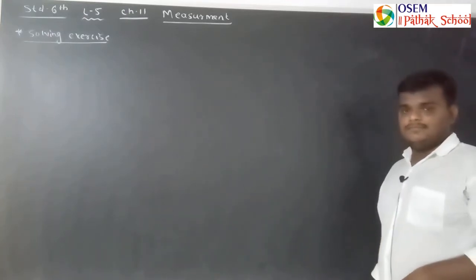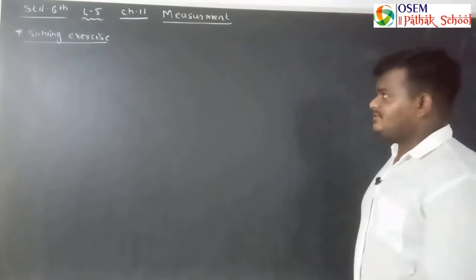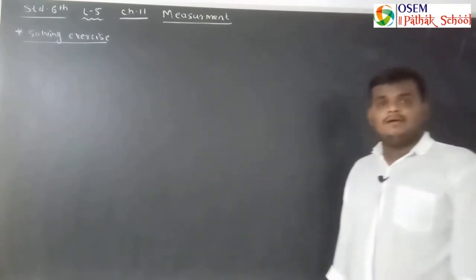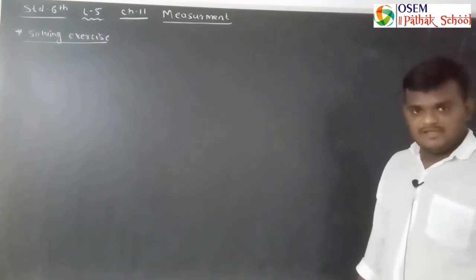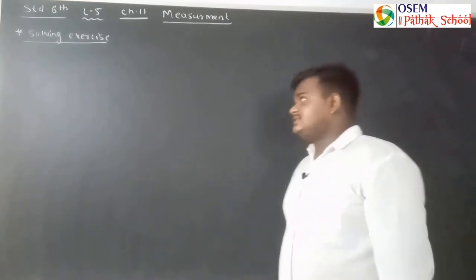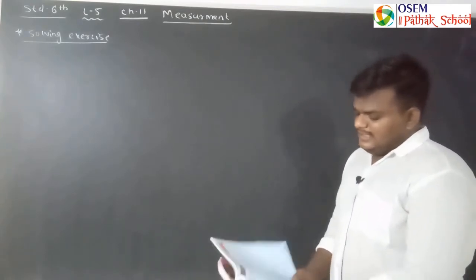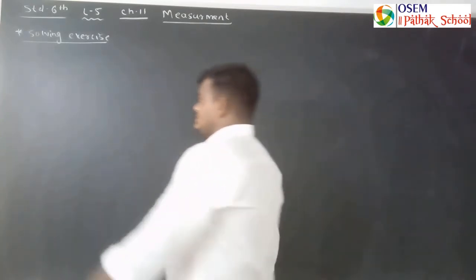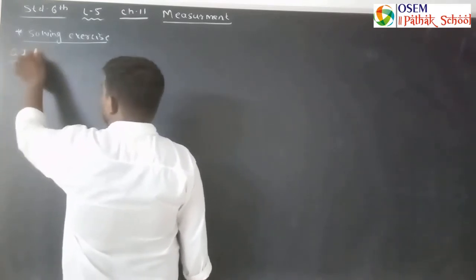So here, first of all we will complete the exercise of chapter number 11, Measurement. So what is given in your exercise? Chapter number 11, and in the exercise, the first question is an objective type of question.